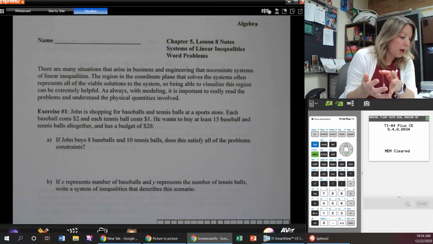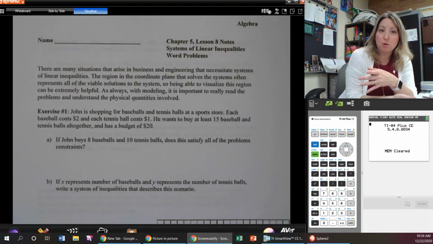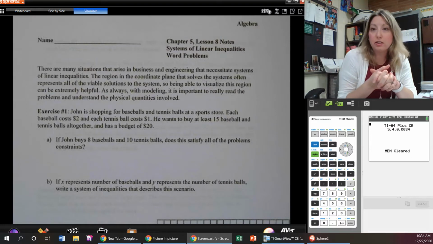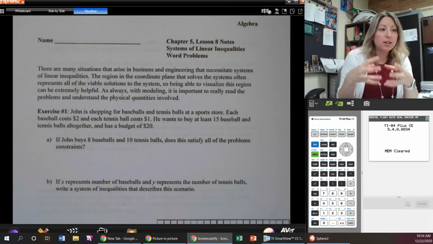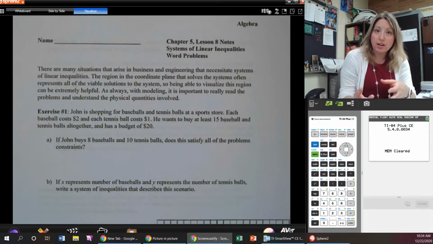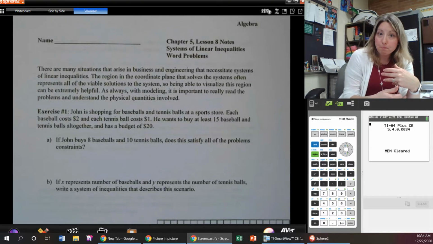And what ended up happening was he did exactly what we're about to do with this John shopping for baseballs and tennis balls situation, where he had to find the best scenario with his constraints. And it ends up being this double shaded region that we looked at in lesson 7.